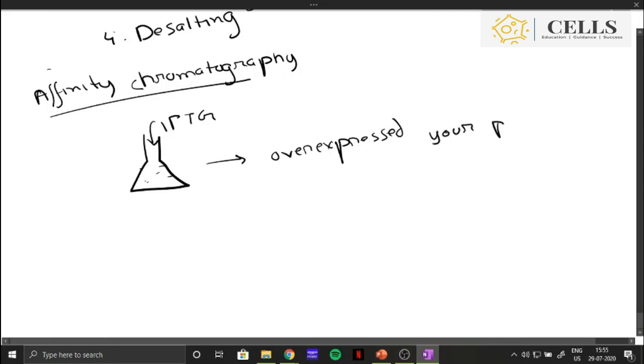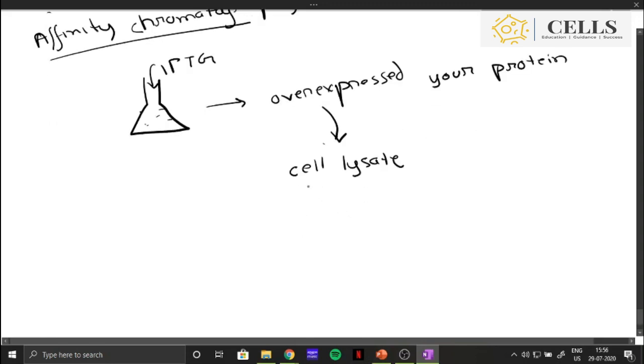After overexpressing your protein, you have to make a cell lysate.